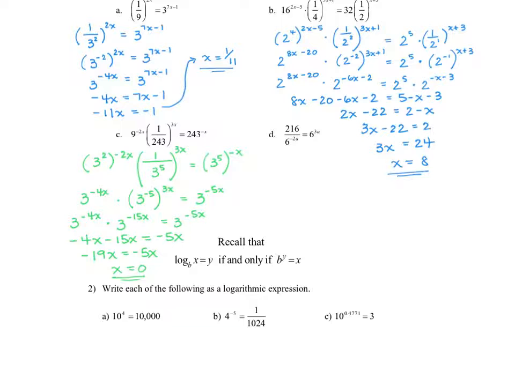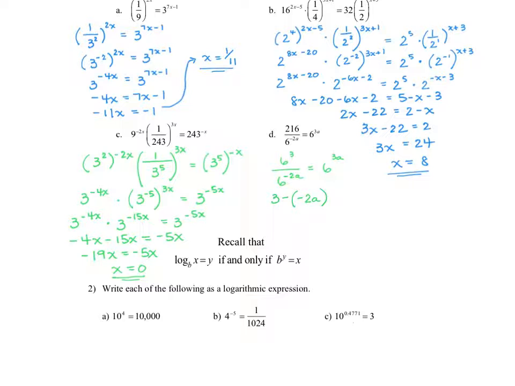In problem 1D, we need to find a common base between 216 and 6. So our common base will be 6. So we'll rewrite 216 as 6 to the third over 6 to the negative 2a equals 6 to the 3a. Remember, when we have the same base and we divide, we subtract the exponents, making sure that we subtract with parentheses because that exponent in the denominator is negative.